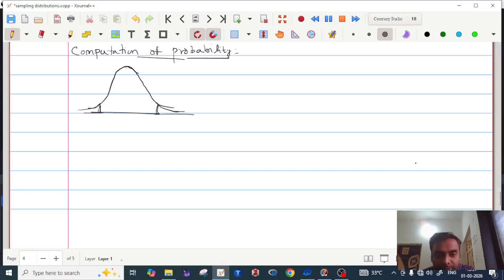This point is t with n comma alpha by 2, and this point is minus t with n comma alpha by 2. This probability is alpha by 2, and this probability is also alpha by 2. This is the graph of t with n. And in the statistical table, the probability given is the probability of mod t greater than t with n comma alpha by 2 equals alpha.